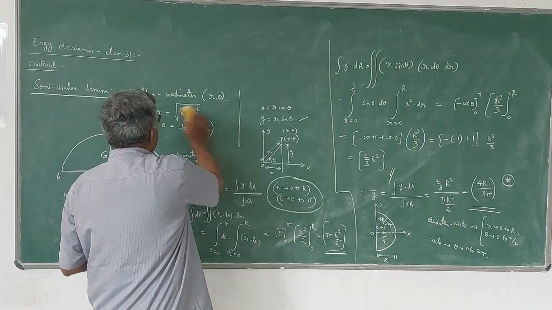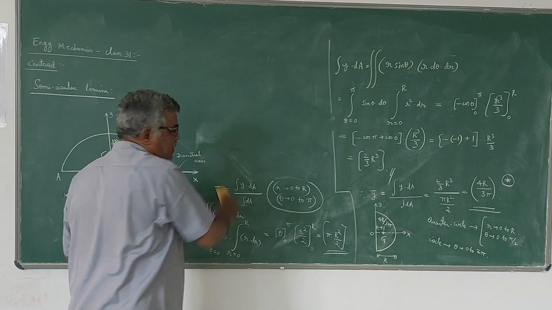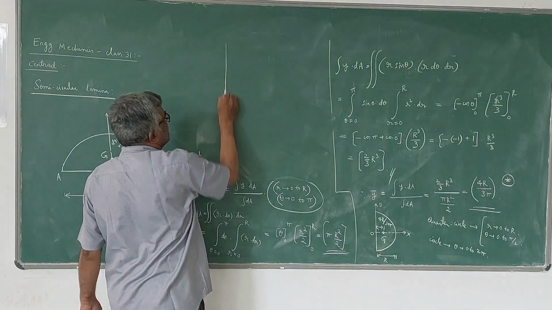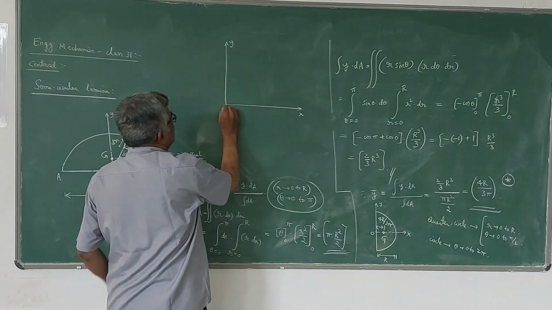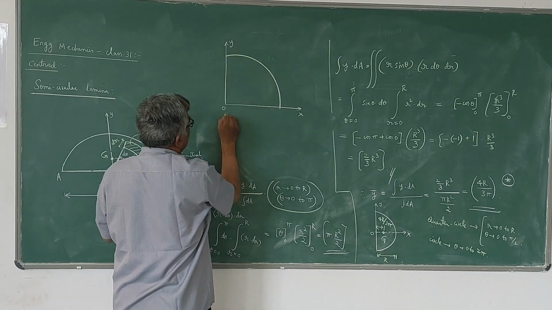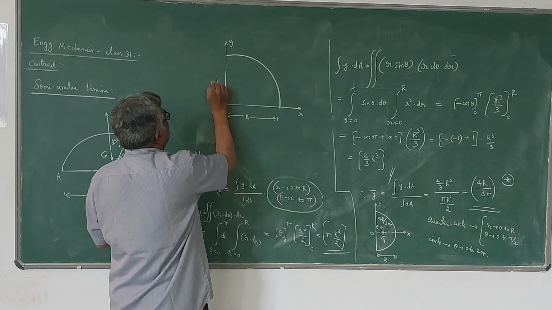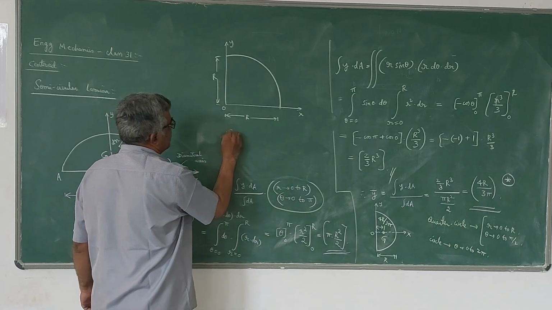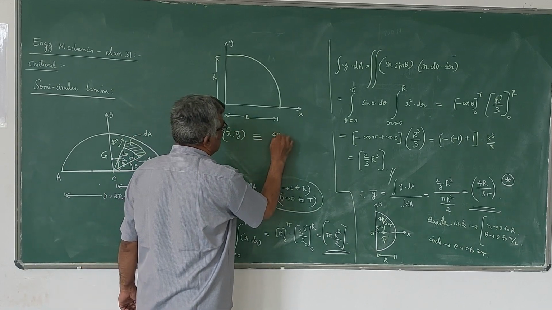In the case of a quarter circle, I can show here how the centroid will be. Suppose the quarter circle is something like this, with the x axis, the y axis, and this is the origin. This is the quarter circle with radius once again r, so this is also r and this is also r. In this case, both x bar and y bar will be equal to 4r by 3 pi.